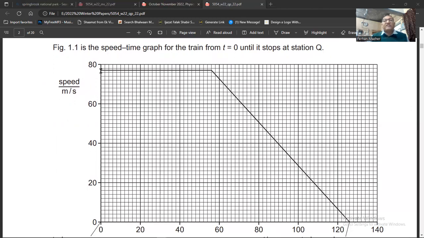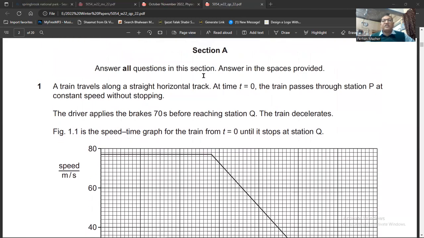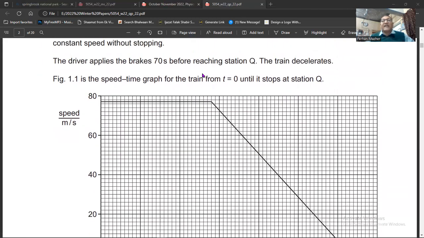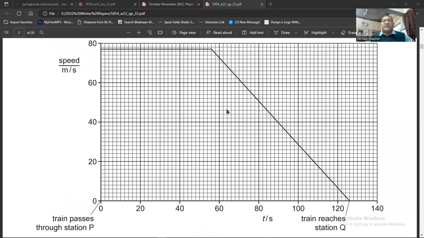So here it passes station P and does not stop. It continues moving with a constant speed, and 70 seconds before Q, it applies brakes and slows down, and here it stops.